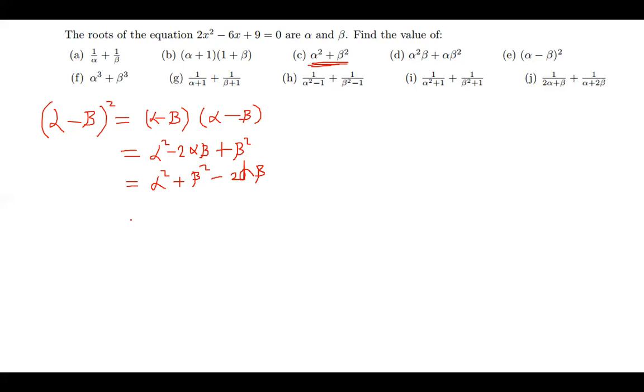Where there's alpha squared plus beta squared, you can replace it with alpha plus beta squared, and then minus 2 alpha beta, then you write your minus 2 alpha beta again. So your simplified expression will now look like this.